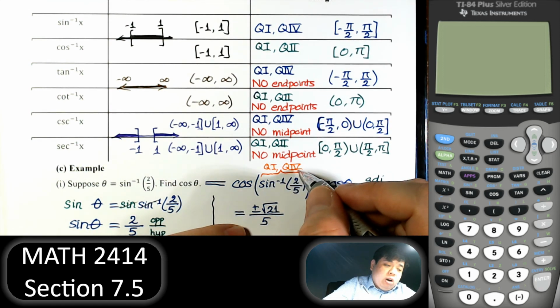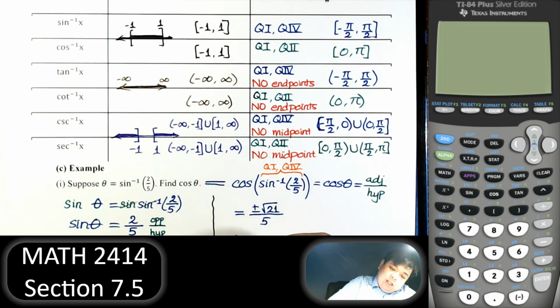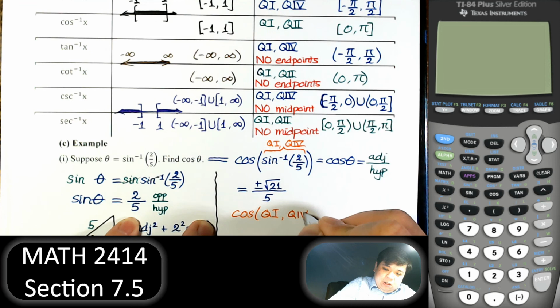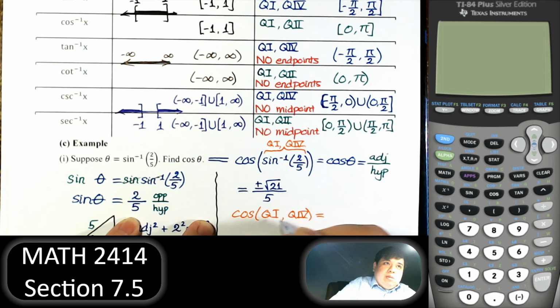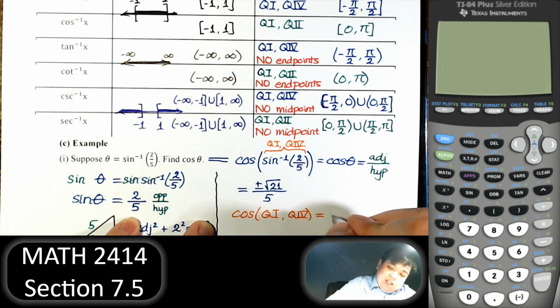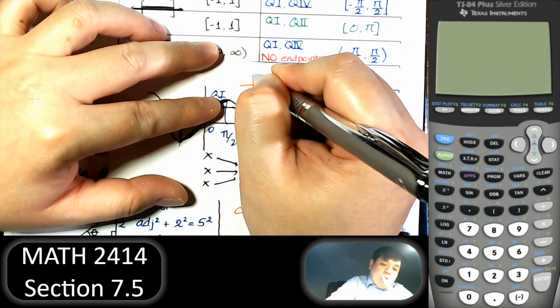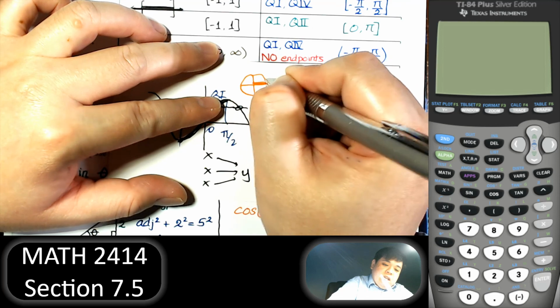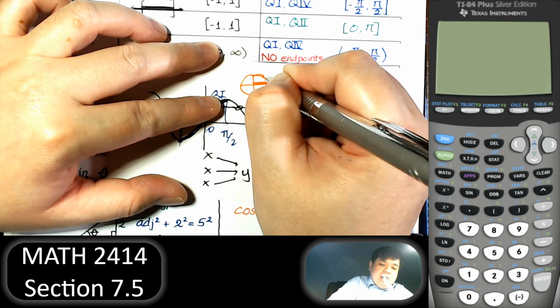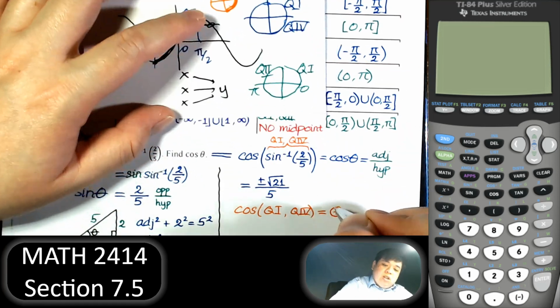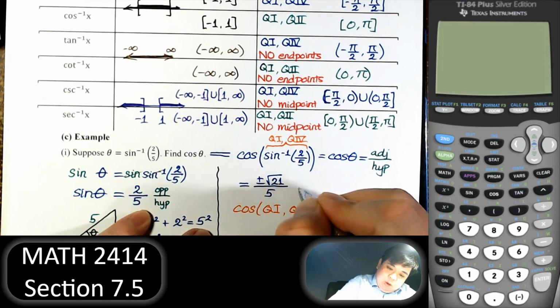If it is in quadrant 1 and quadrant 4, and we have cosine of it, cosine in quadrant 1 is positive for sure, and then in quadrant 4, I mean, this is bad notation, but it's going to be positive, right? Because when we talk about cosine, it is the x values. Anything in quadrant 1 and quadrant 4, x values are positive, therefore cosine is positive, therefore the answer is going to be positive.